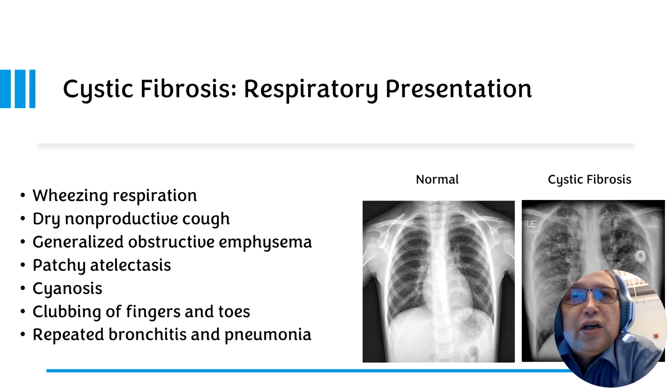You're also going to be looking at cyanosis of the skin. You actually turn blue, and the fingers and toes start clubbing because of perfusion issues. And you also have chronic bronchitis and pneumonia. And that is generally what will take you out.